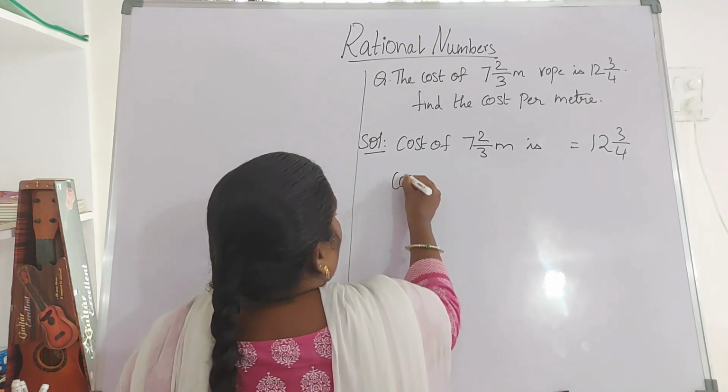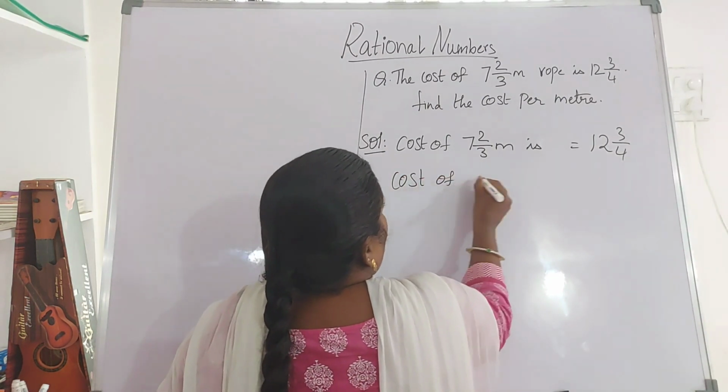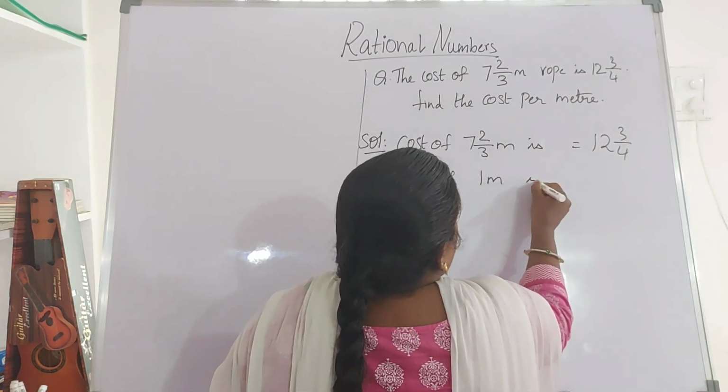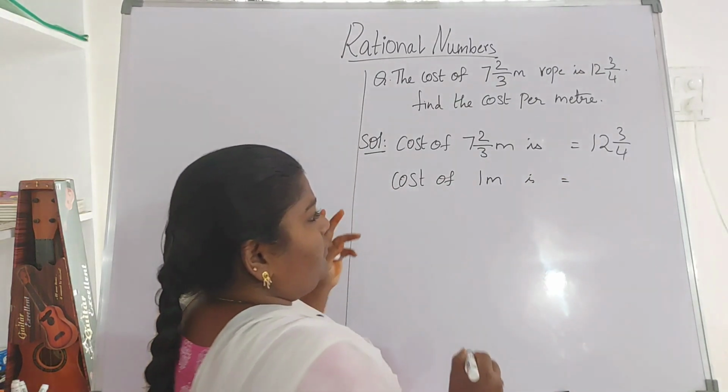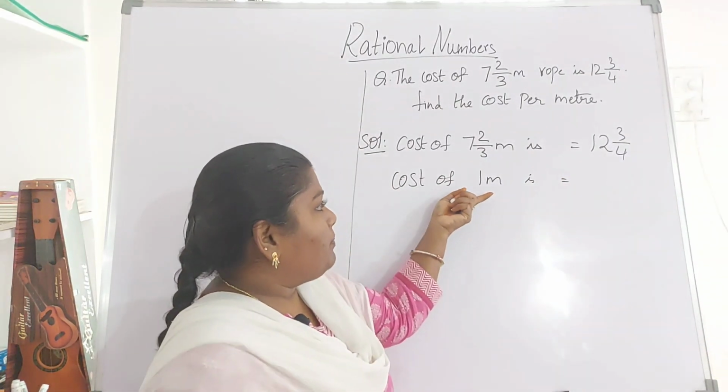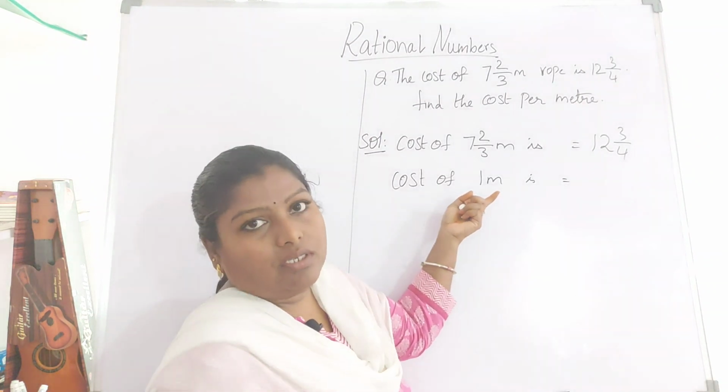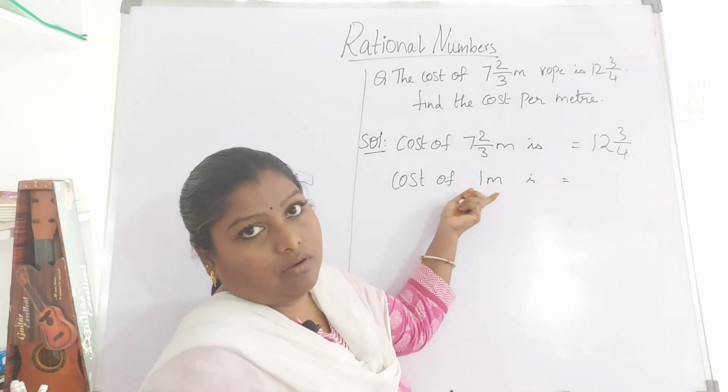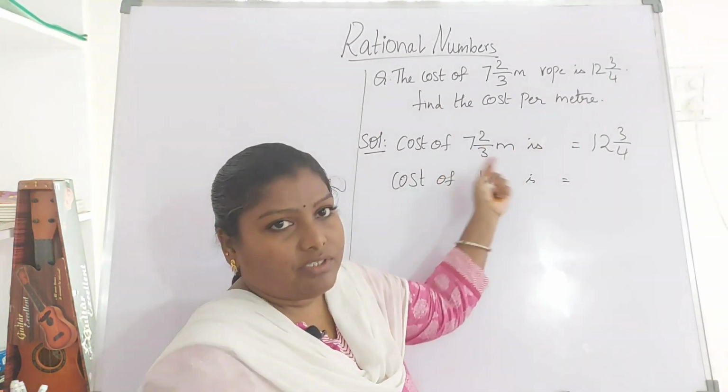You have to find the cost of 1 meter. Now whenever you have to find a single meter or single item cost, you need to do the division.